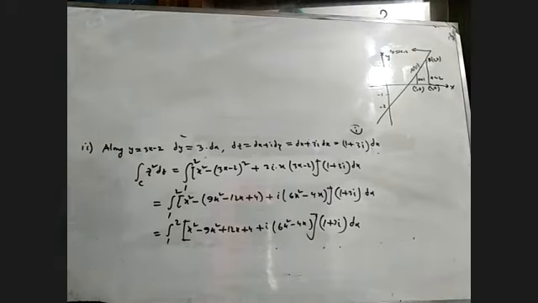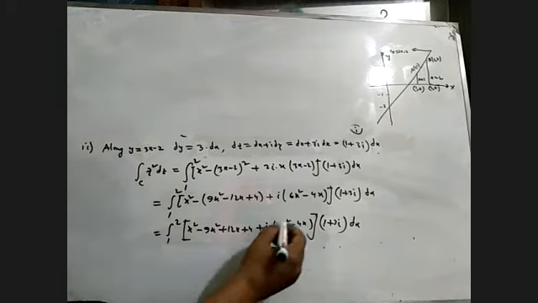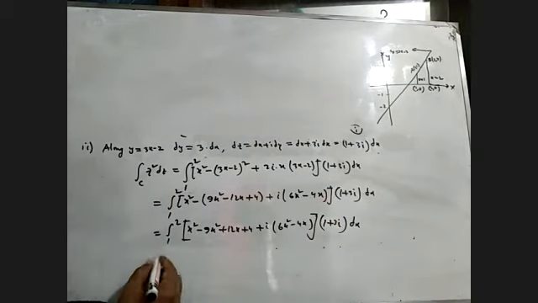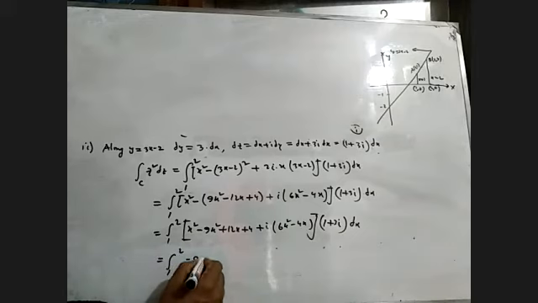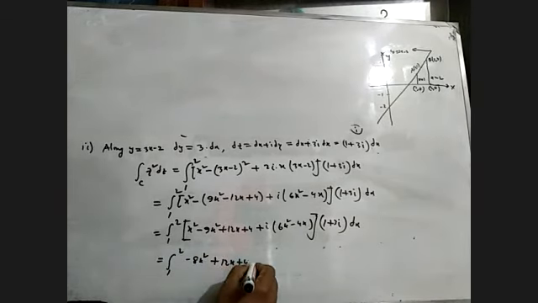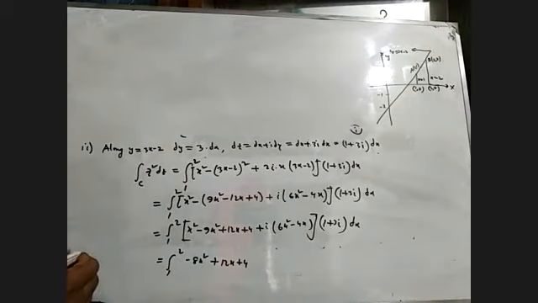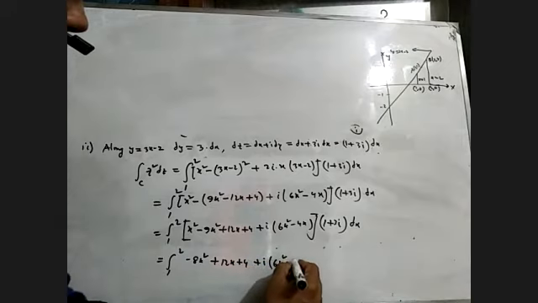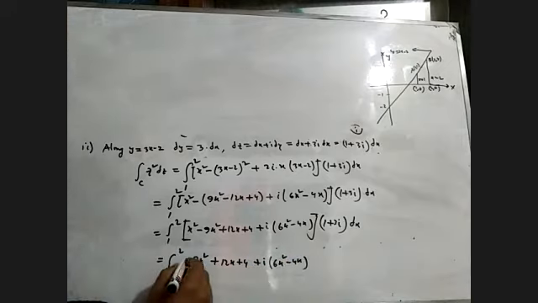So we get after this line, without multiplying 1 plus 3i to this, we can proceed 1 to 2. This will be what? Minus 8x square, right? Minus 8x square plus 12x plus 4 plus i into 6x square minus 4x.